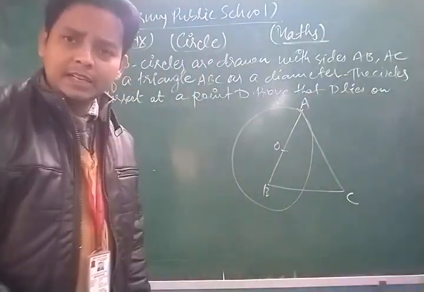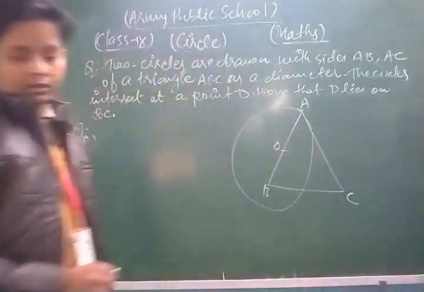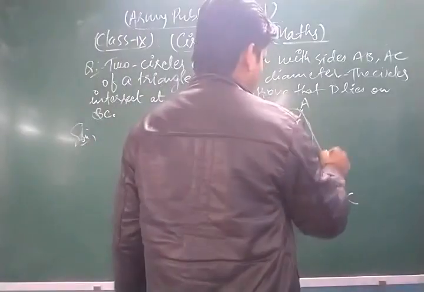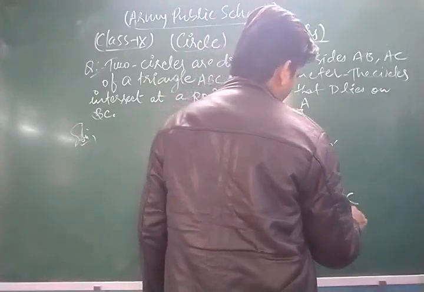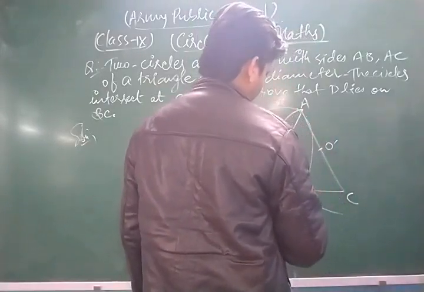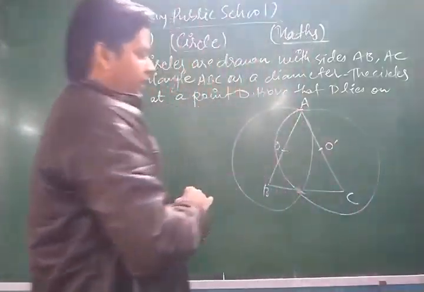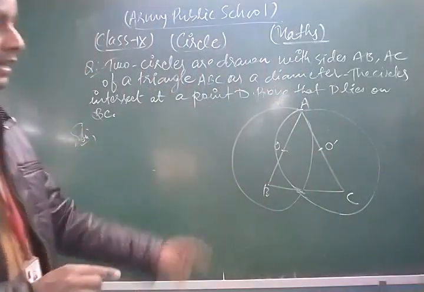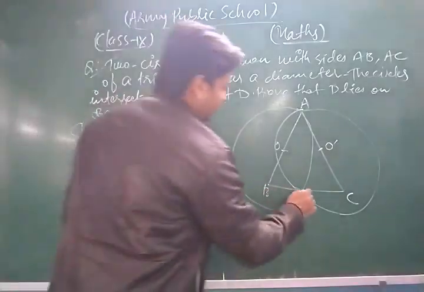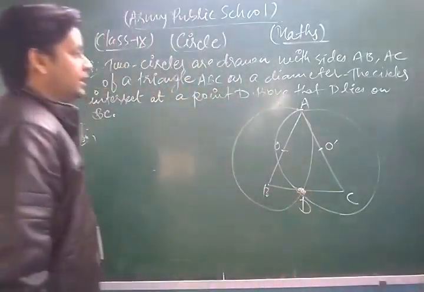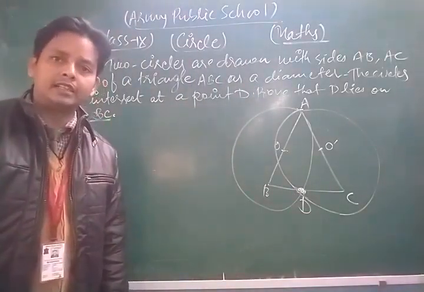Here AB is the diameter of one circle, and AC is also the diameter of the other circle, dear students. O dash is taken as the center here. Both circles intersect at a point D. We have to prove that D lies on BC.